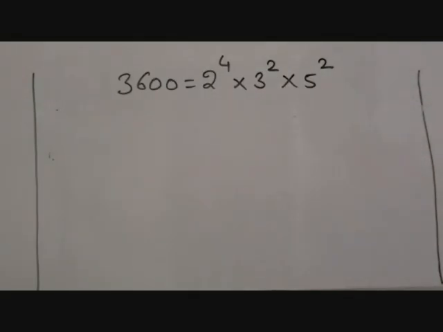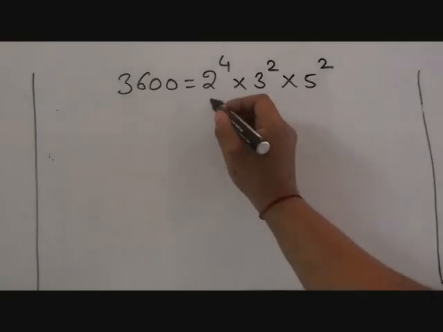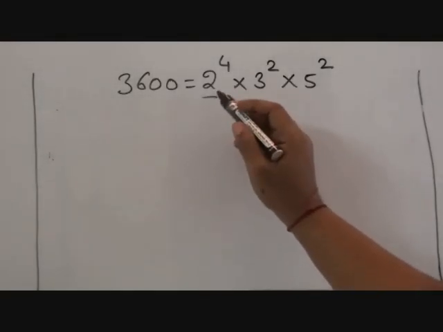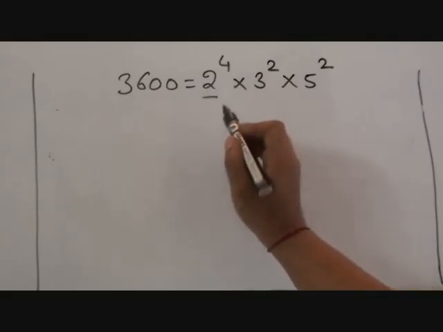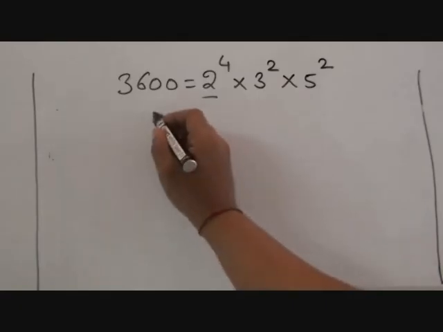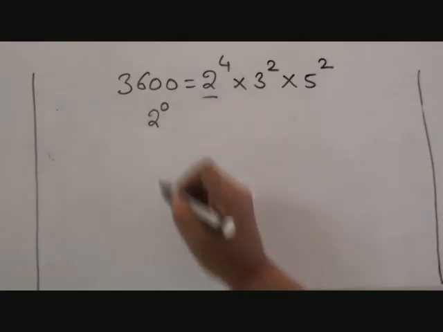Let's see one more time how we calculate the number of odd divisors of 3600. If we need to calculate the odd divisors, we will not take any power of 2. The only power of 2 that we can take is 2 raised to 0.